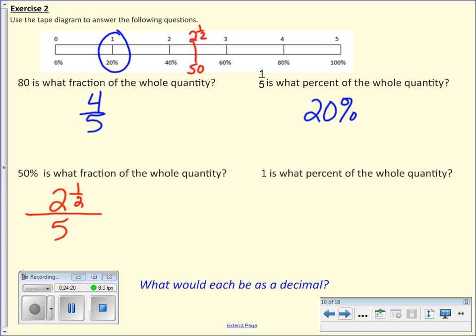Yes, that is. But if the decimal is really freaking you out, since it was 50%, how could we rewrite it so there's no decimal in the numerator? I have to leave it as a fraction because it's asking you for a fraction.